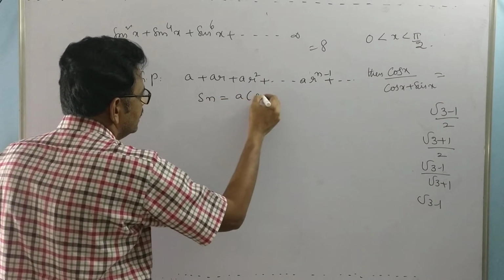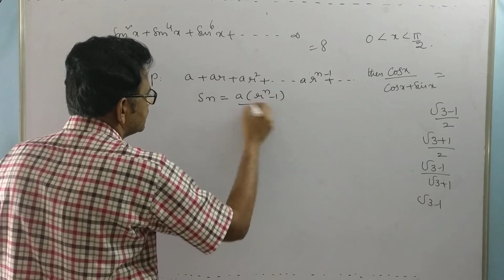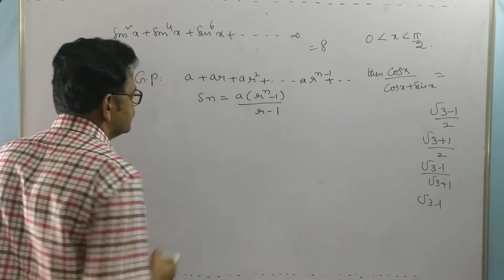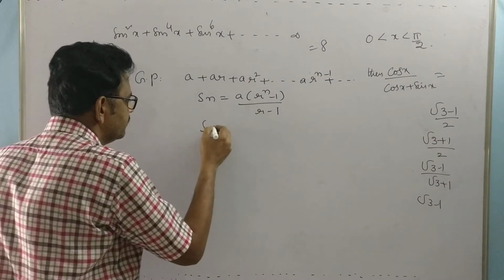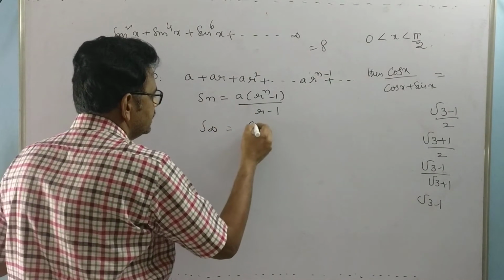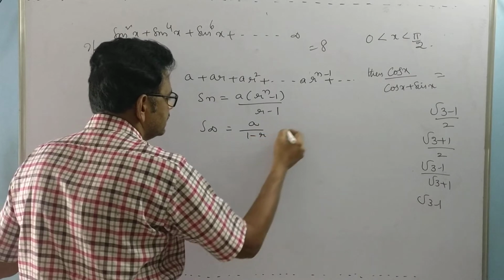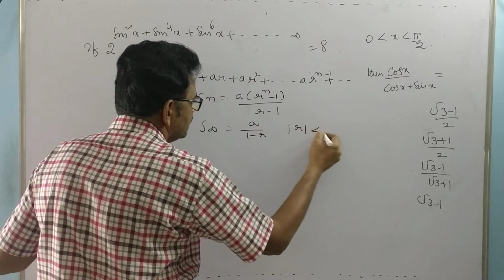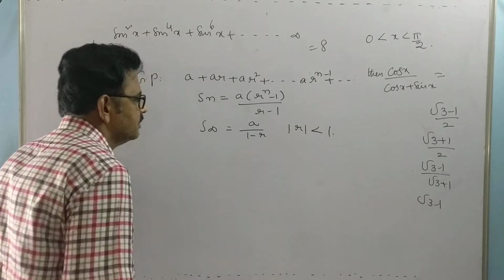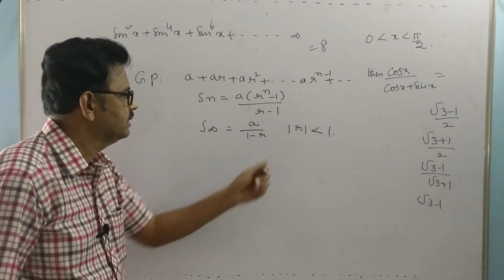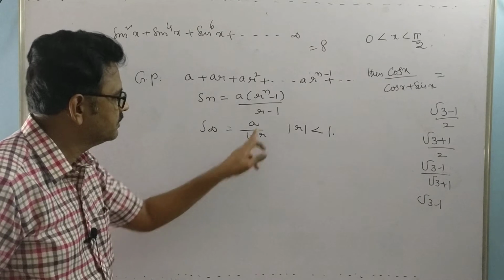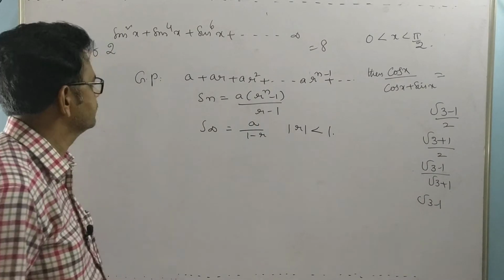A into R power n minus 1 by R minus 1. And S infinity, the sum to infinity of terms, is A by 1 minus R, where the condition is mod R less than 1. If the common ratio is less than 1, the S infinity formula is A by 1 minus R. A is the first term, R is the common ratio.